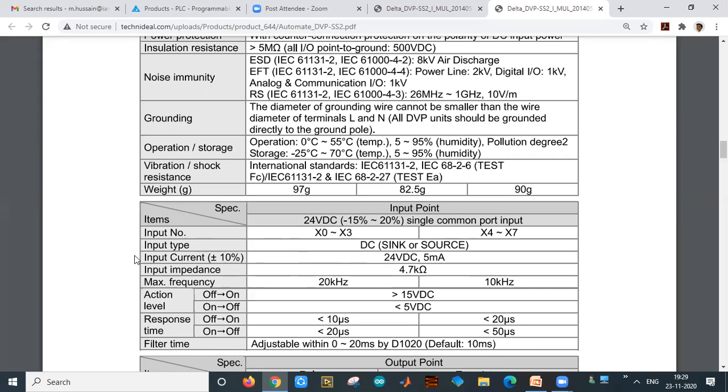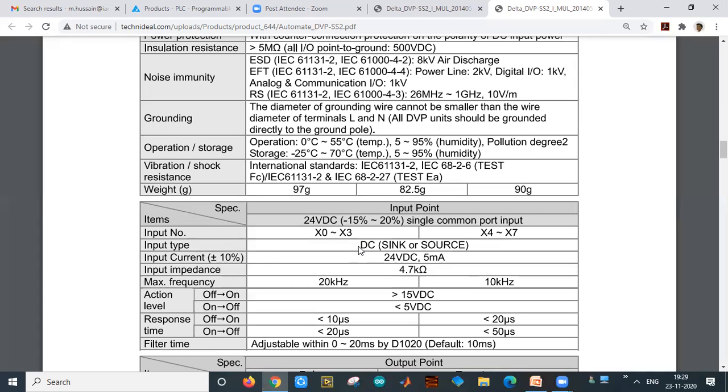Okay, and those inputs can be used either as a sink or a source. So that means you can connect the negative terminal to the input port, or you can connect the positive terminal. Okay, so in our electrical system, you will be having positive and negative wires. So you can connect anywhere. Either it can be used as a sink or it can be used as a source.